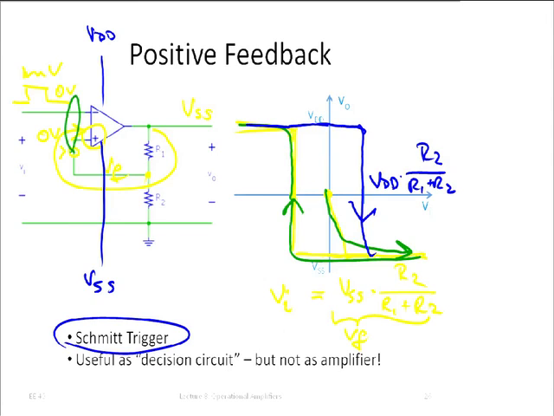I'm not aware of a formal technique on how to analyze these circuits. Also, they are multi-valued circuits, right? For any particular input voltage Vi, you potentially get two different values or even more different values of output voltage. So you have to analyze it by actually understanding circuits. Okay?